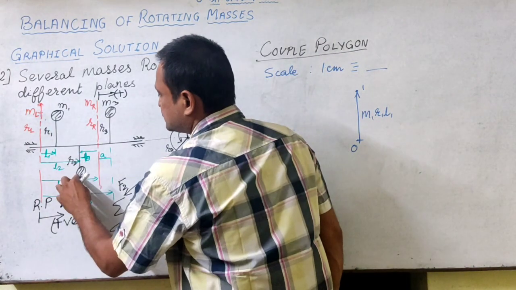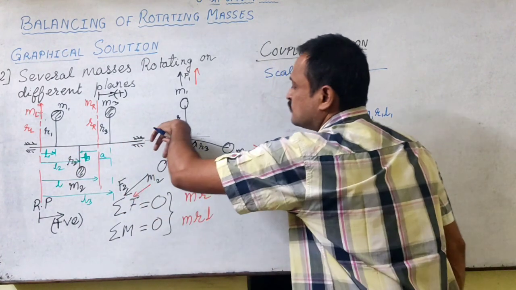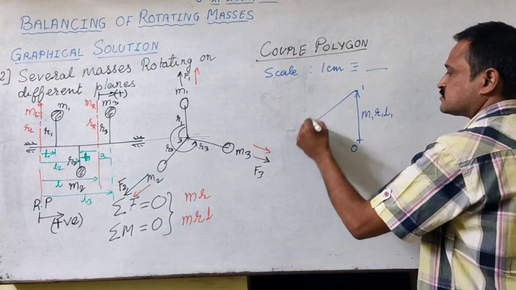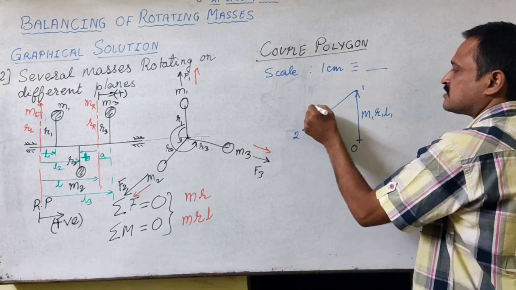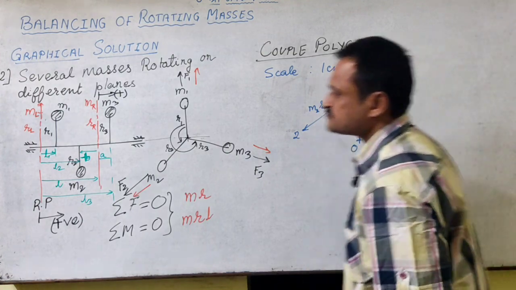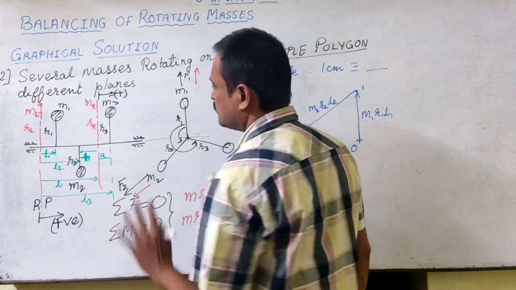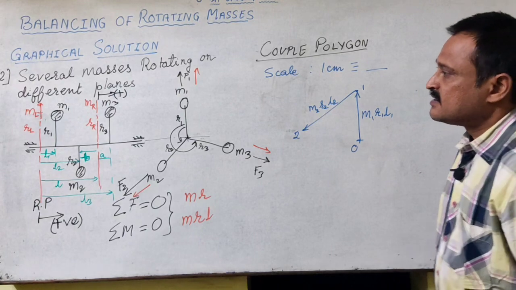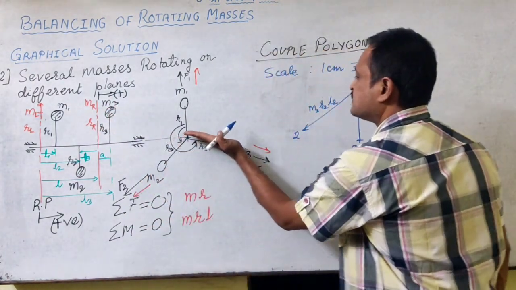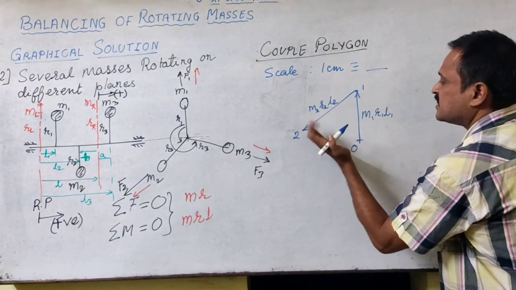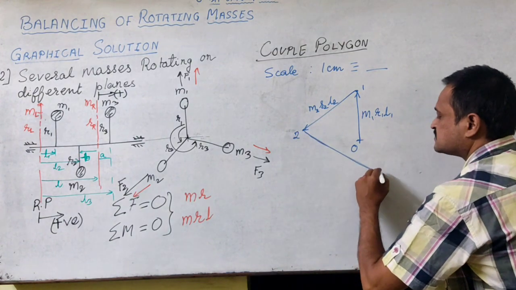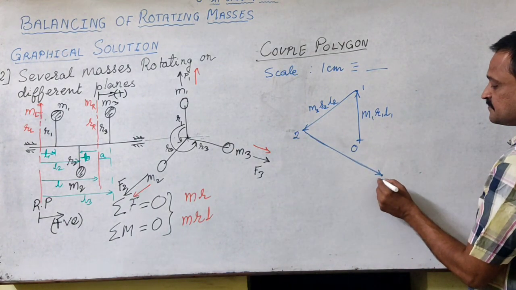Then it is 2, so M2, R2, L2. Right now I don't know about the vector MR. So M3 is in this direction, so parallel to this from here I can draw, and I get this as the third point.